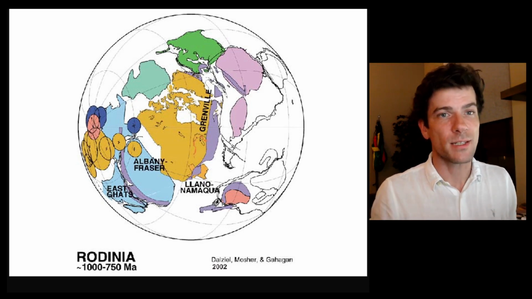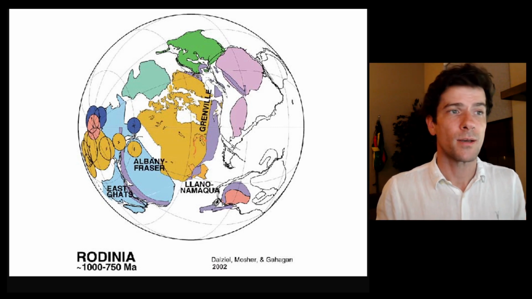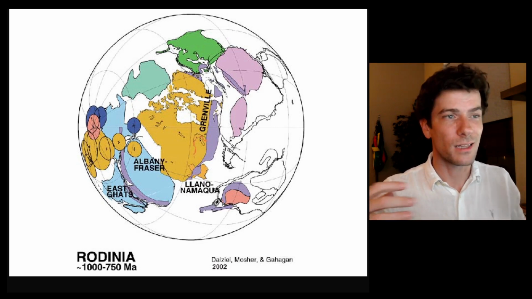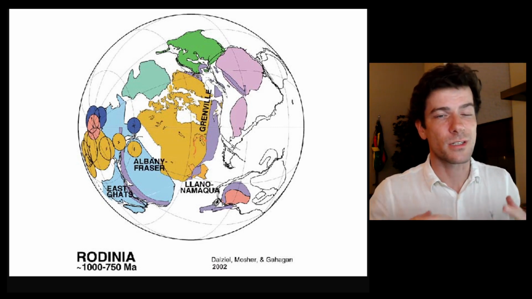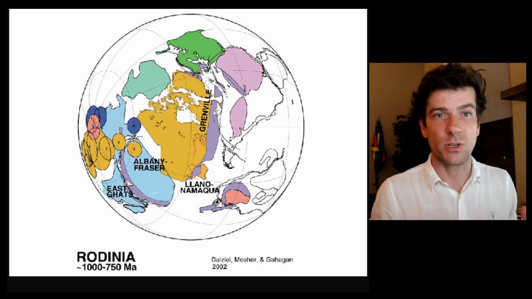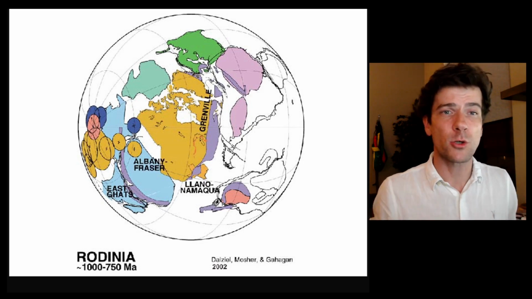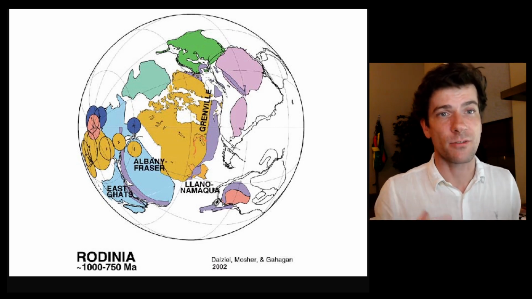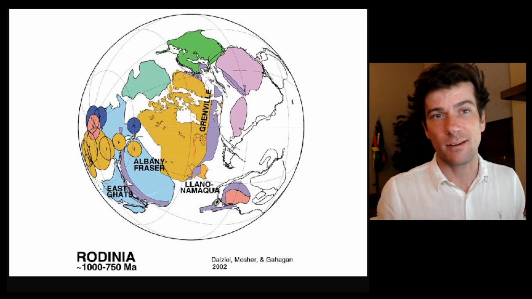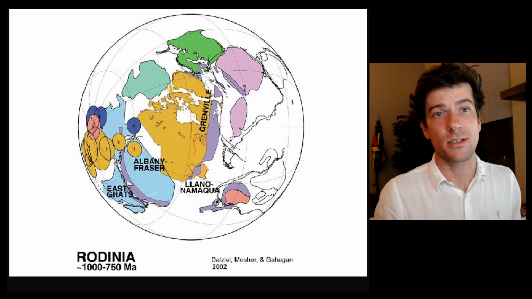And their breakup and assembly have really profound consequences for Earth's surface chemistry, because during continent-continent collisions, tons of material is uplifted in mountain ranges and it weathers really rapidly. Also, when you open ocean basins, there's massive mafic volcanism, these so-called large igneous provinces.